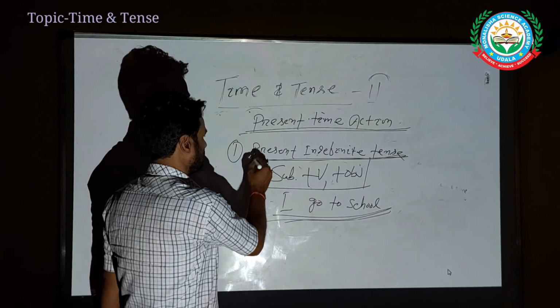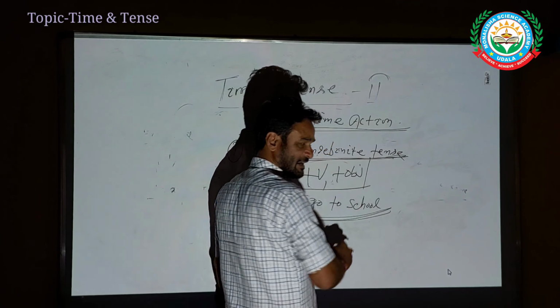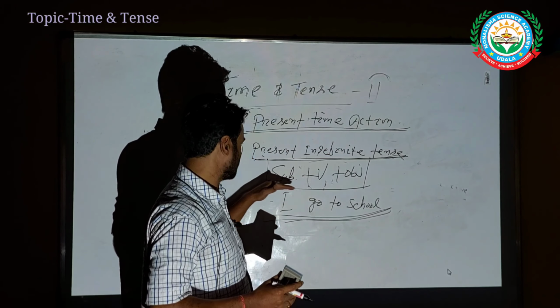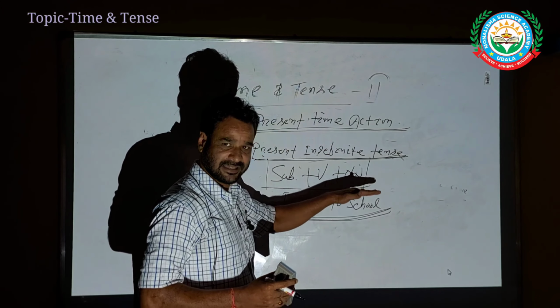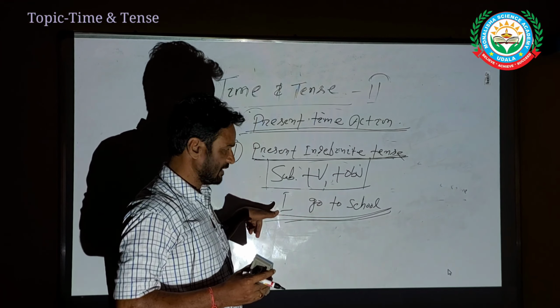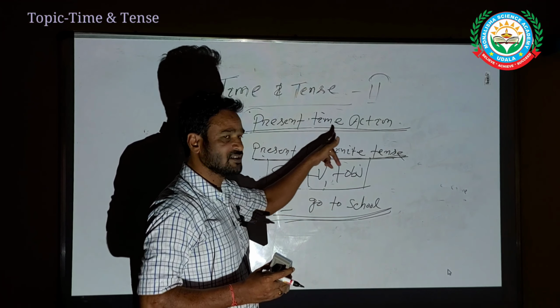The first is present indefinite tense, with the structure subject plus V1 and object. The example cited here is I go to school. That means going to school is done by the subject, and this is done at the present time.